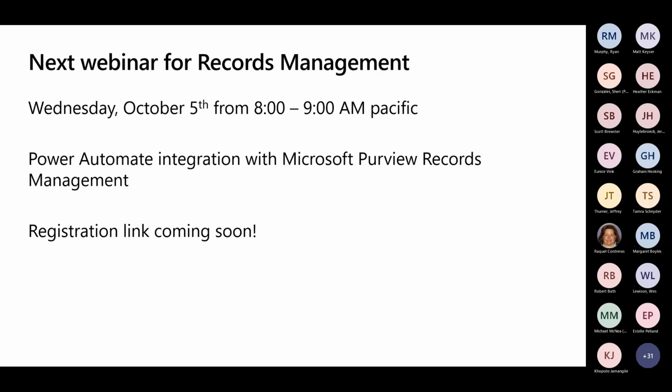Since you're on the call, you're probably a compliance super fan. So this will be available in public preview sometime around the very end of August, very beginning of September for you to start using. So you'll have a good month to try it out for yourself and come with all of your super fan questions. And watch for our social media and tech community for the registration link for that.